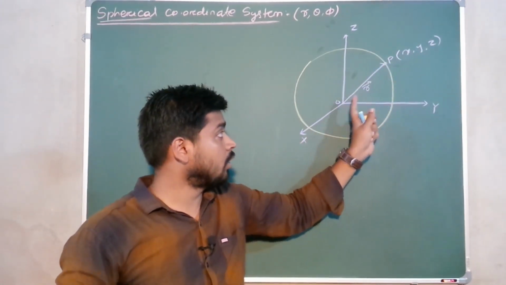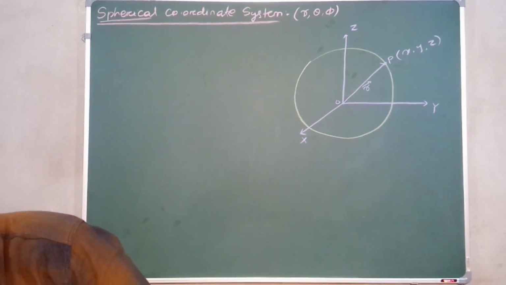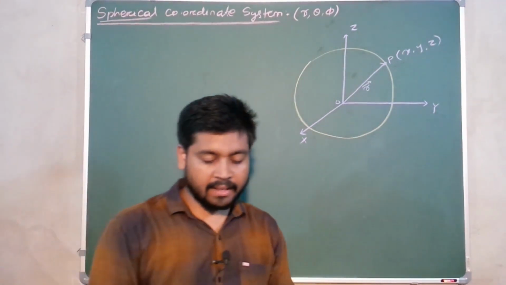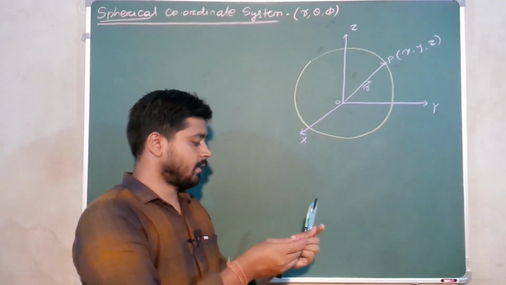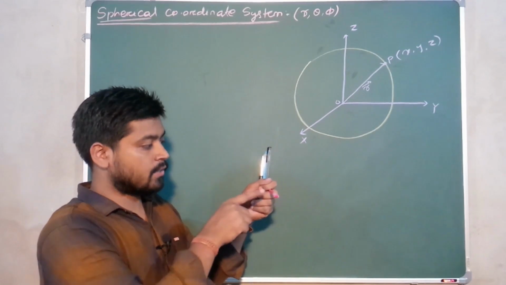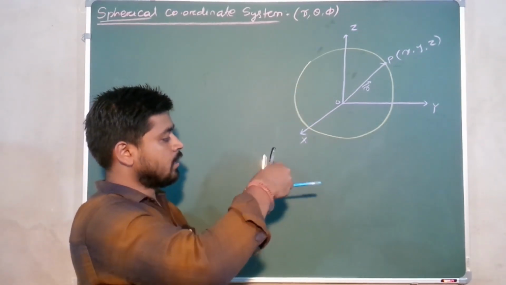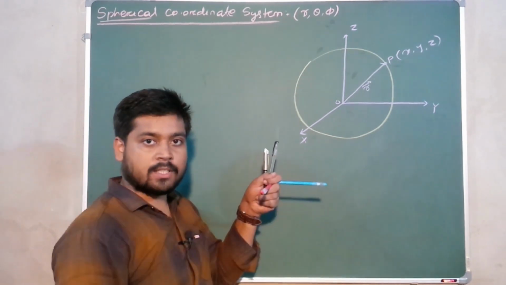Just see how the OP is present. Let this one be our x-axis. First draw the x-axis. Then this one is the y-axis, perpendicular to each other.